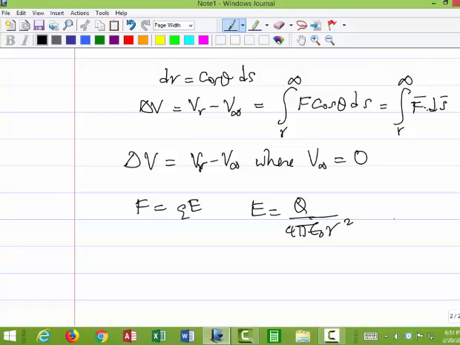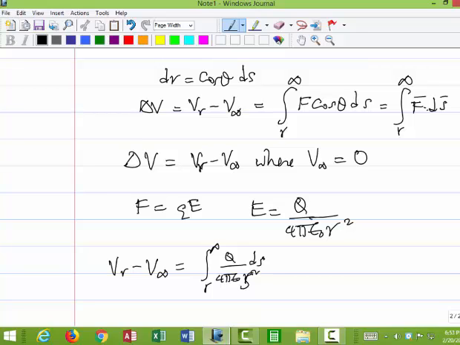So V_R minus V infinity can be written as the integral from R to infinity of Q over 4 pi epsilon naught s squared ds. Your book uses the notation s here, so I'm changing it to s just to make sure I'm in line with the same notation as your textbook.